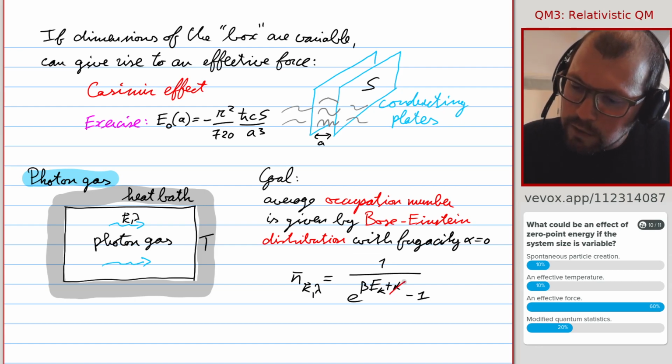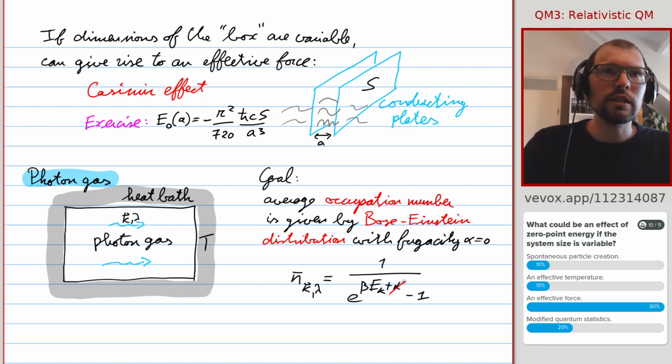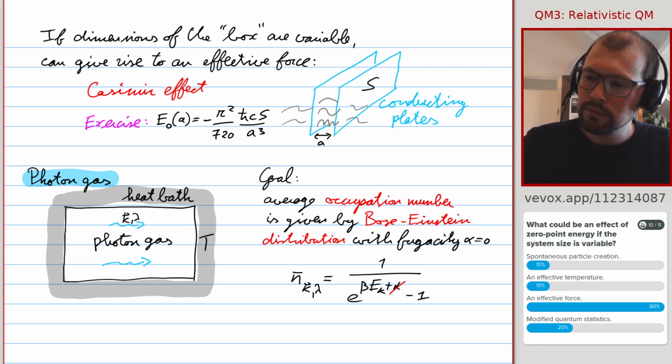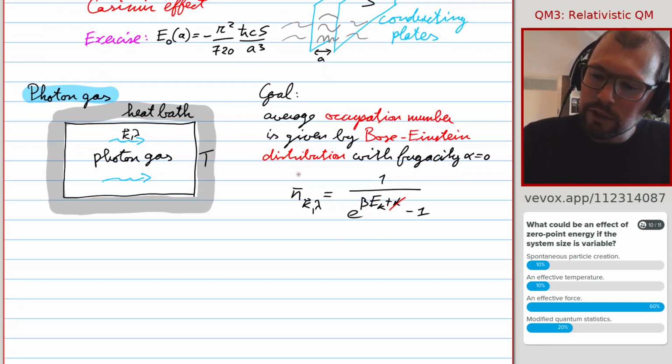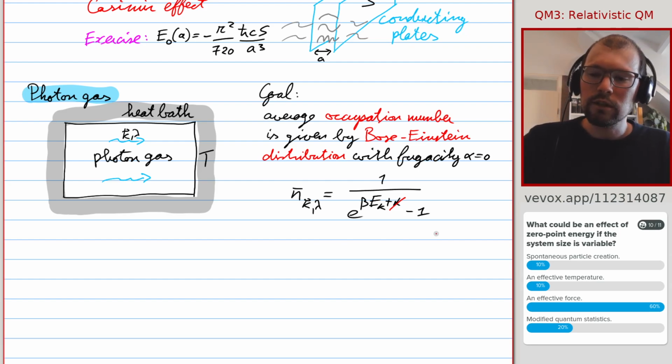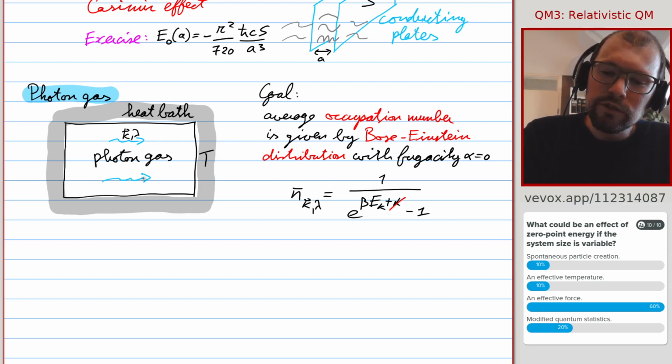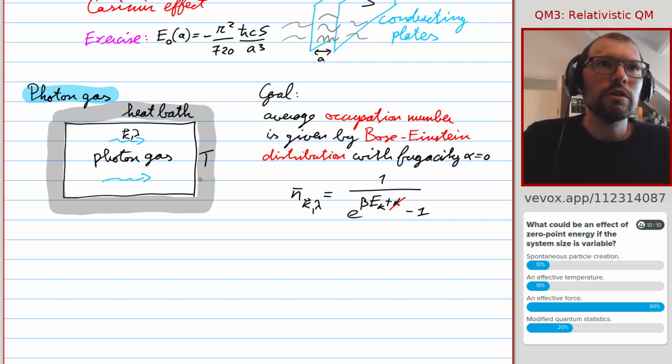But in this case, we put alpha exactly equal to 0. And we want to understand how this particular occupation of the photons inside this enclosure comes about through the interactions that the photons have with the walls of the enclosure.